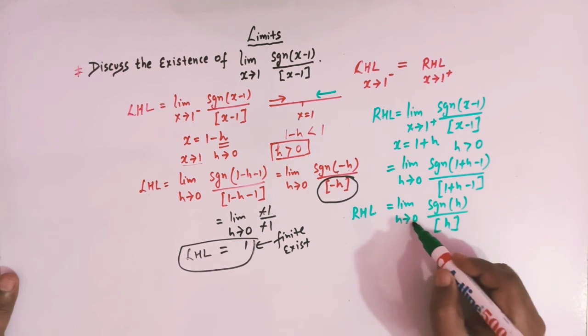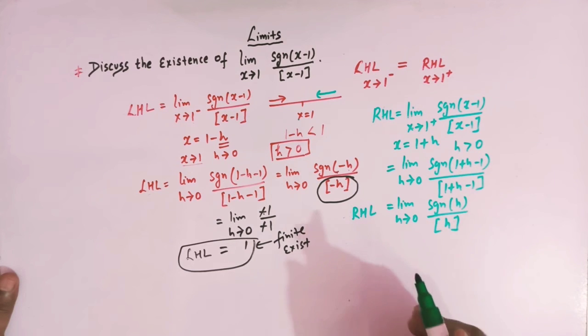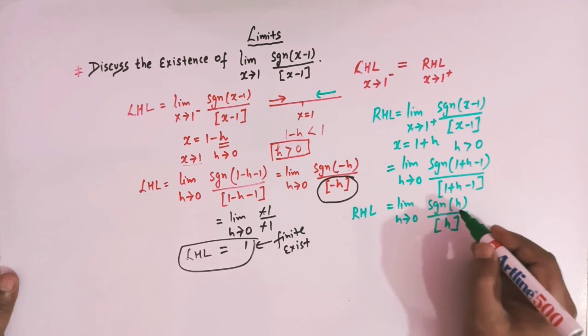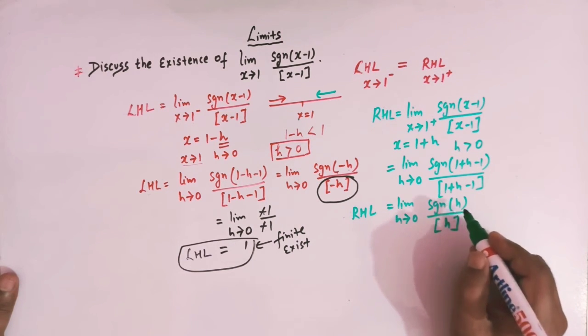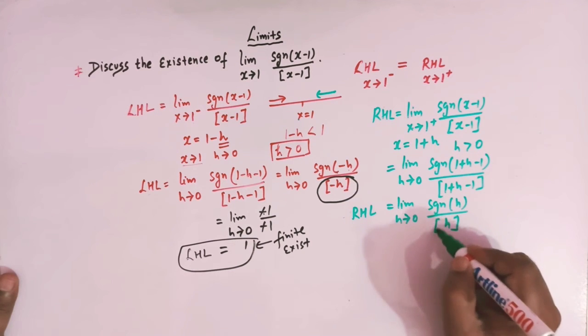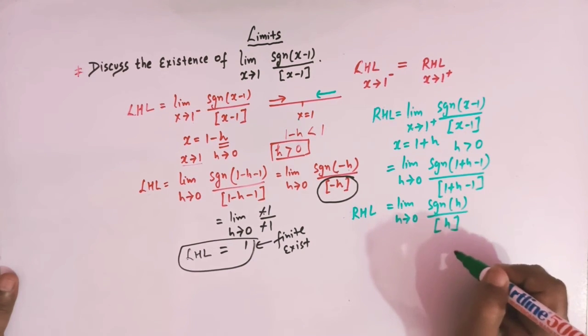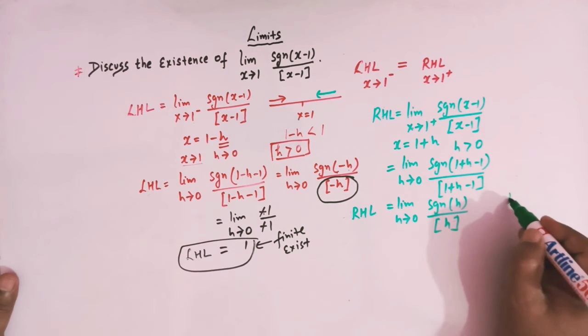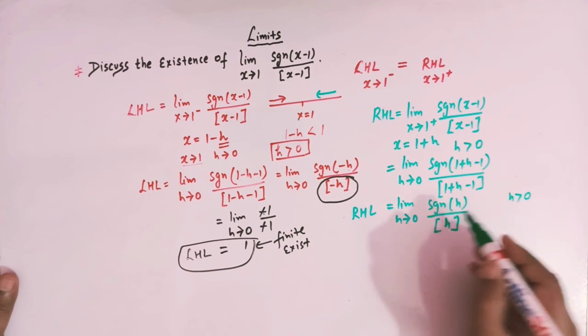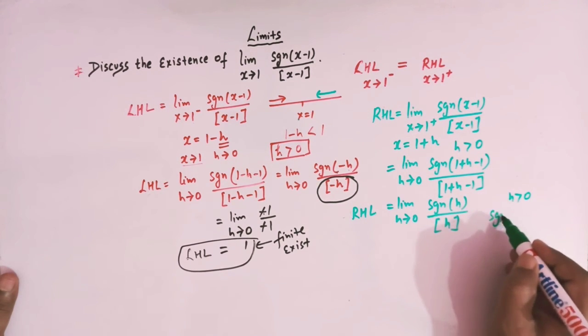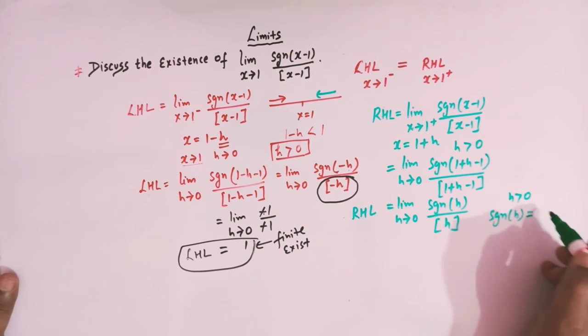So now here also we cannot directly substitute h is equal to 0. Instead we have to make use of the definition of signum function and the greatest integer function. And see, h is greater than 0, so signum of h should be equal to 1.